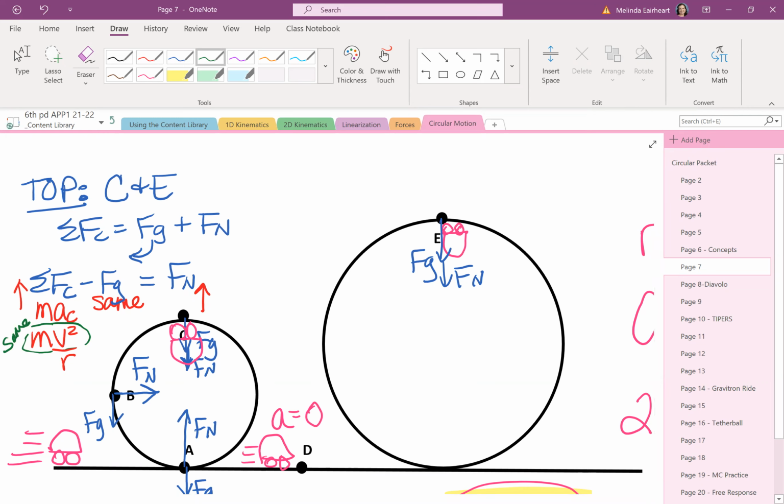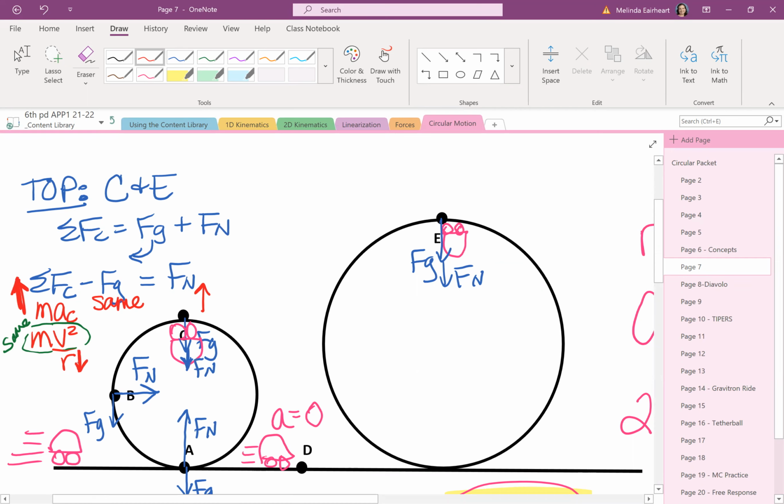What relationship does net force have with radius? Say again. 1 over r. And so the one with the bigger net force, remember that's what we're trying to figure out, is going to have the smaller radius.